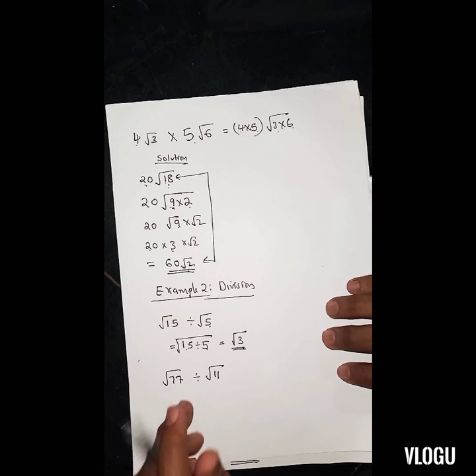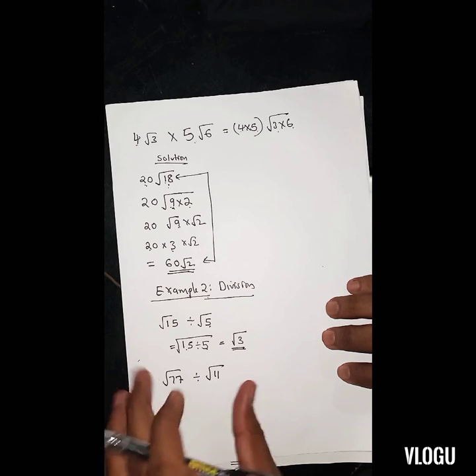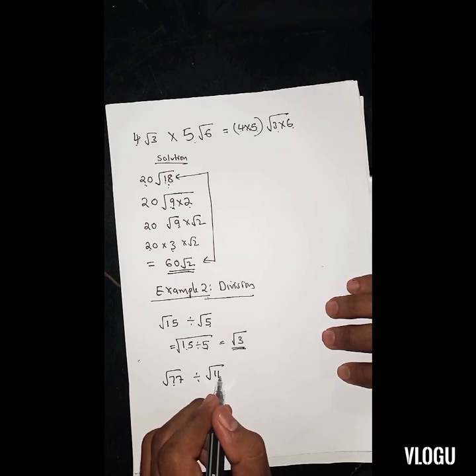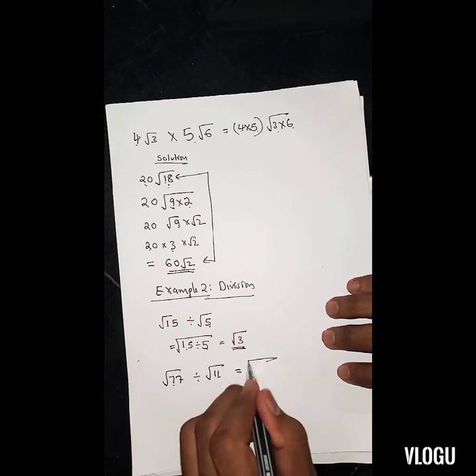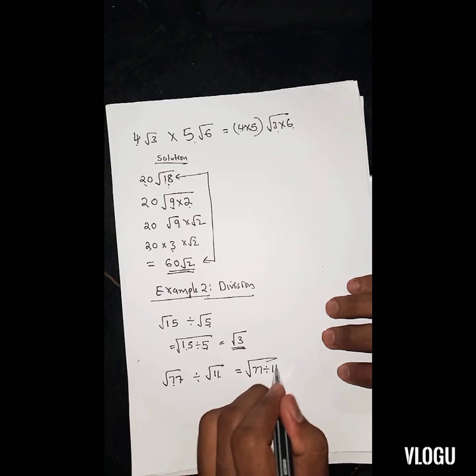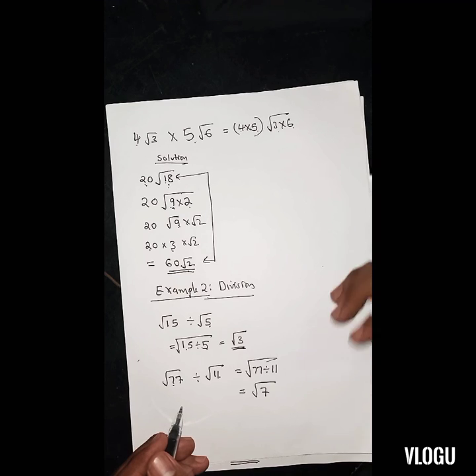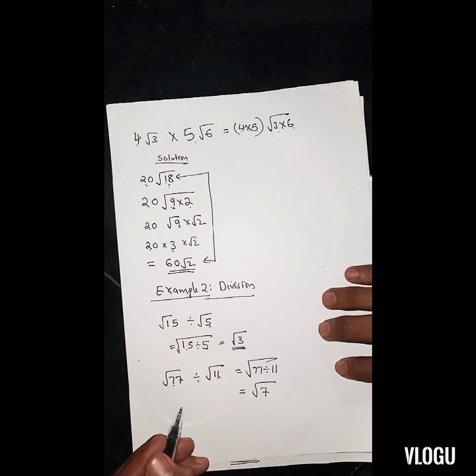Again, if you don't like this root, it looks weird to you, try to ignore or forget the square root and just divide 77 by 11. So 77 divided by 11, what do we get? We're going to get 7, definitely.